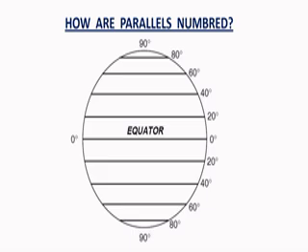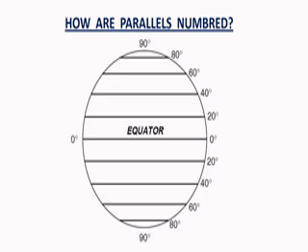Look at this picture. Here you can see how parallels are numbered. At the center of the picture you can see the equator, that is 0 degree, and above that 20 degree, 40 degree, 60, 80, 90 degrees are there. That means from equator towards the North Pole there will be 90 parallels.